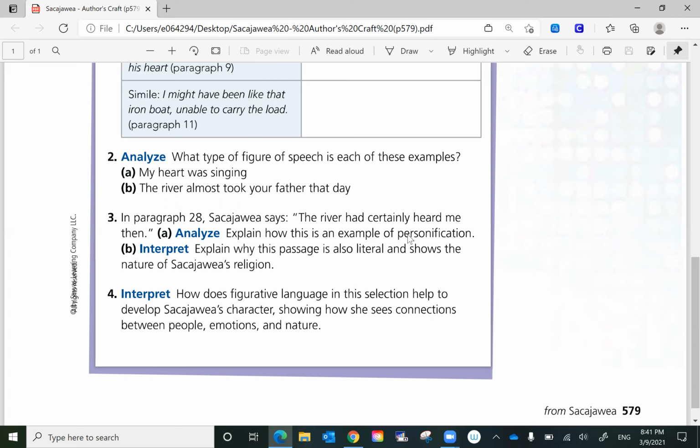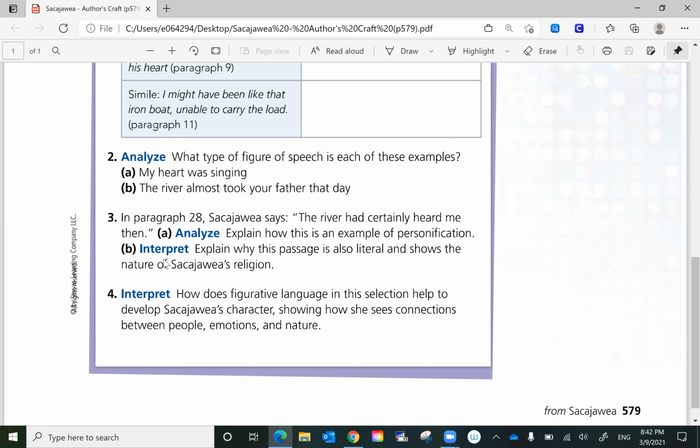You don't have to guess, you don't have to say, yes, it's personification, or no, it's not. It's telling you it is. It is asking you to explain how it's an example of personification. So again, basically you're doing the same thing you did up here in the chart. You are explaining how the text provided is the figure of speech indicated. All right. Plain and simple, easy peasy again.